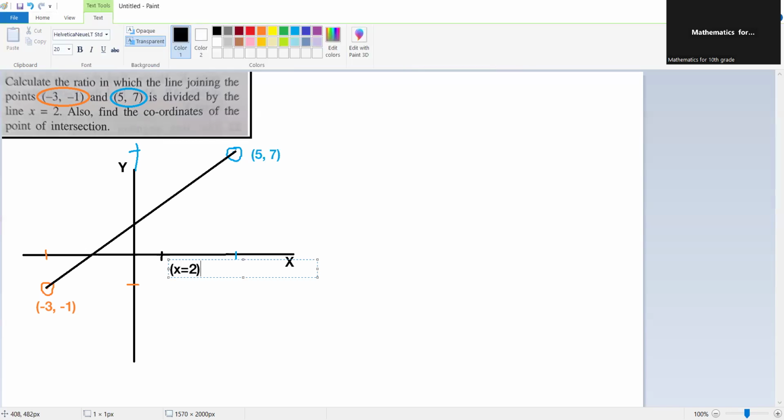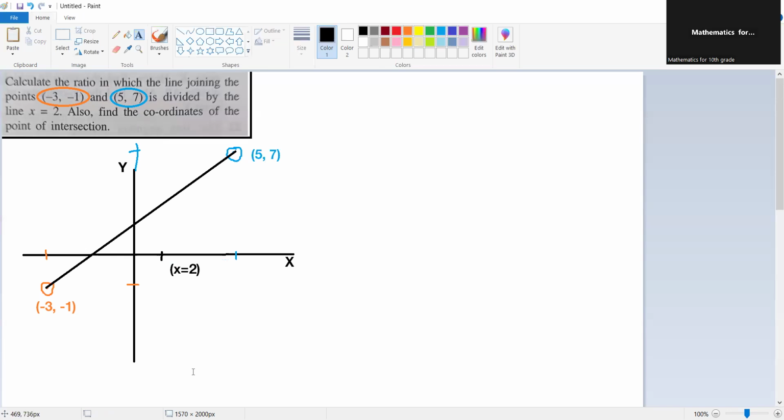All the points which have the x coordinate as 2, I'll mark a red line. This is the x equal to 2 line, because if you take any point on this line, the x coordinate will be 2.